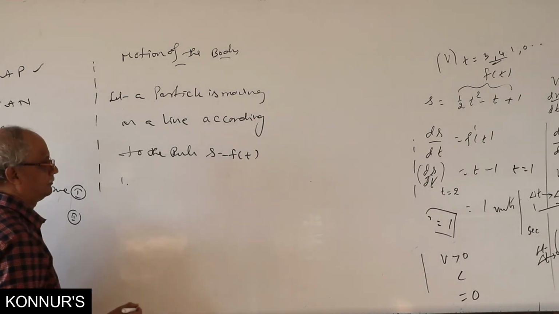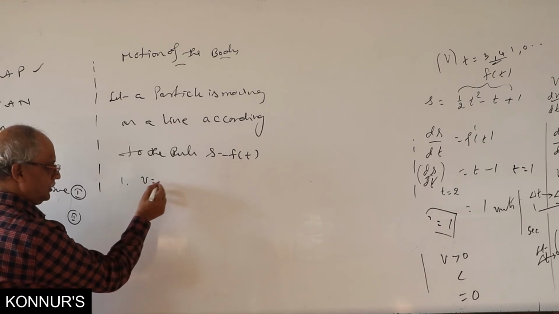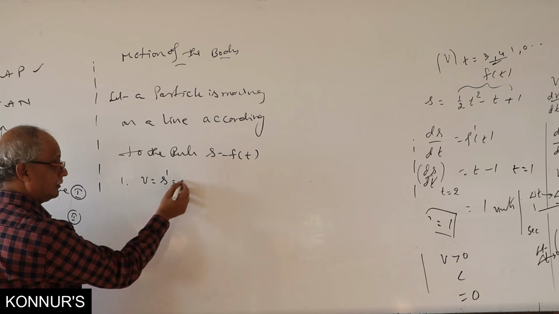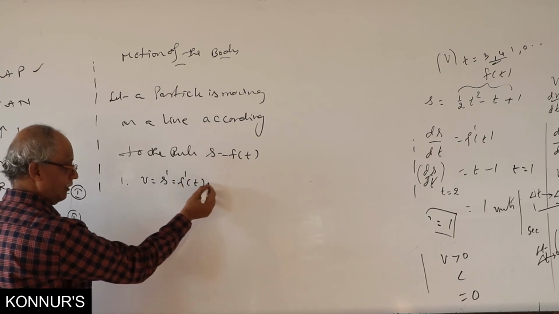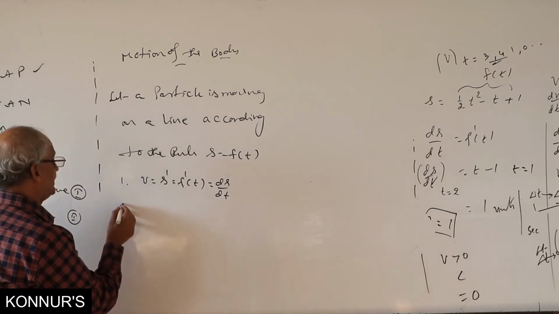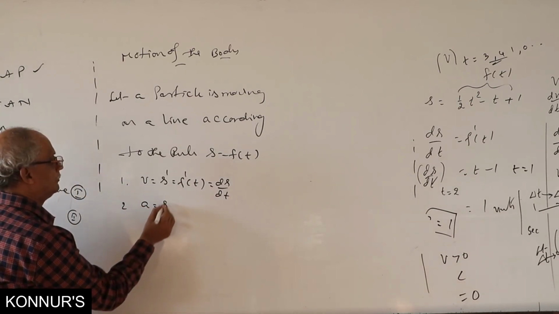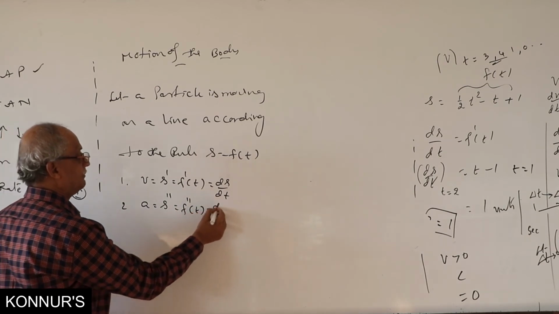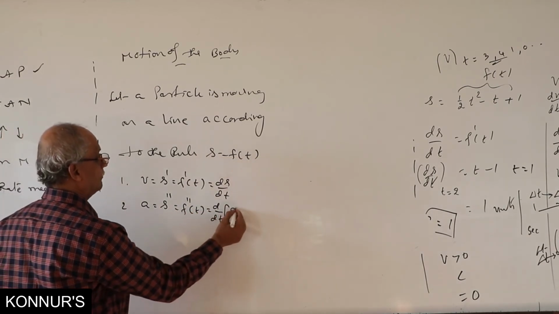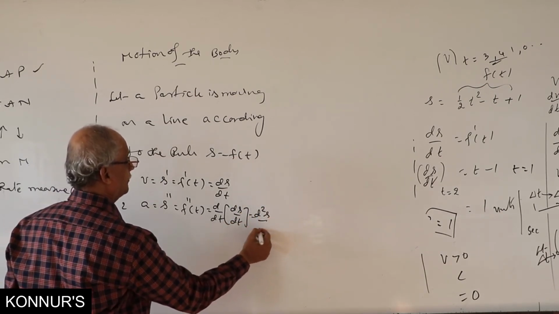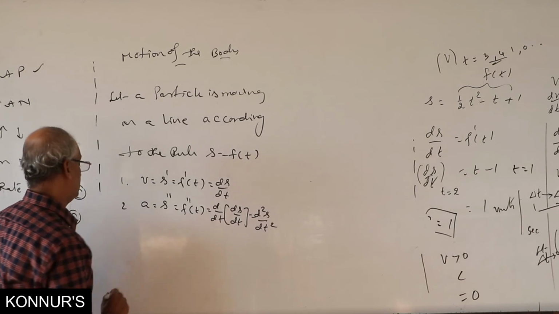First point, velocity is equal to s dash or f dash or ds by dt. Second, acceleration is equal to s double dash or f double dash, d by dt of ds by dt, so d square s by dt square, the second derivative.